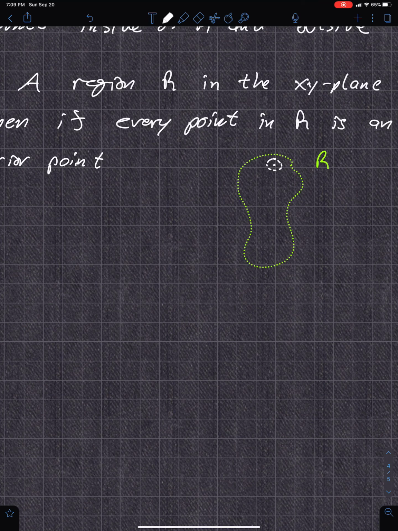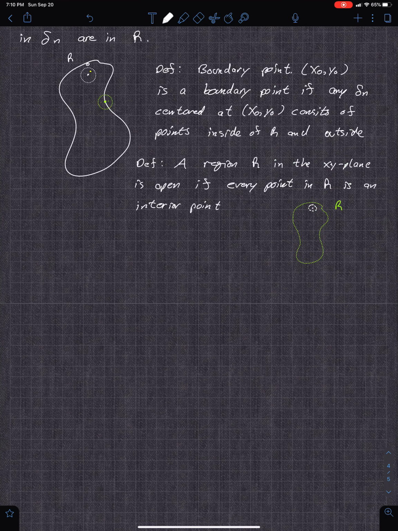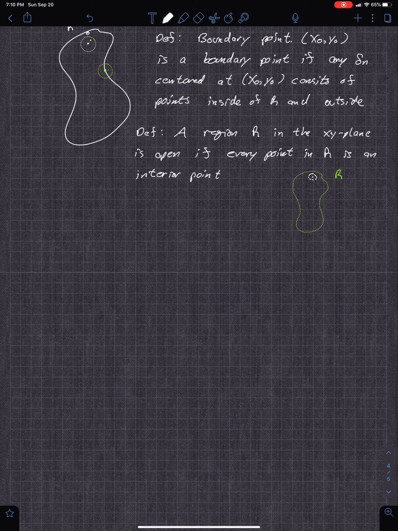An interior point means you can put a delta neighborhood around it and it's all within R. Well, that's what you want to be open. So think basically of an open interval like that. It doesn't include those endpoints, but you can get as close as you ever want to those endpoints. So same idea. All right.